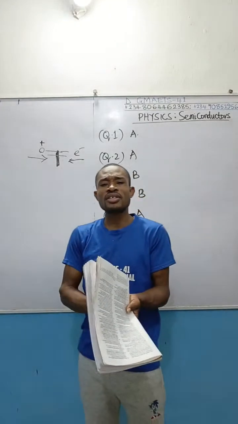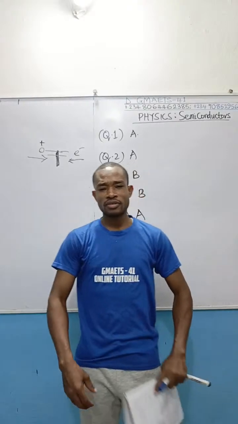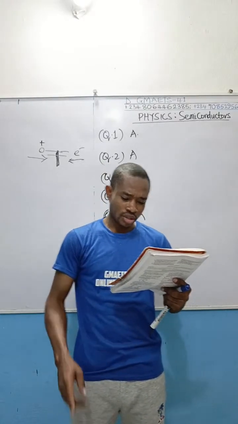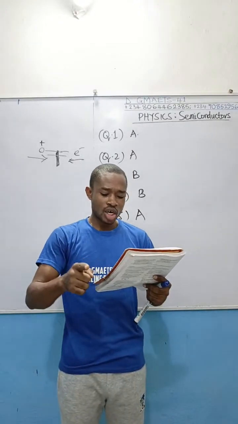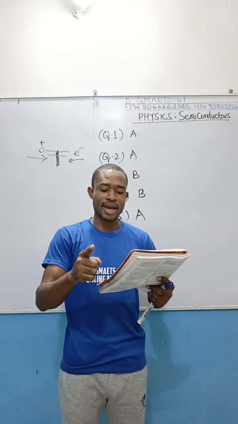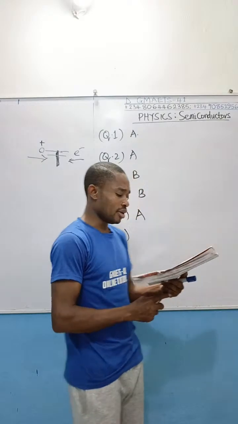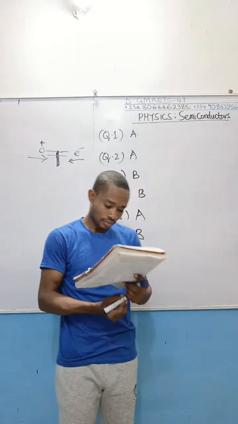And when there is attraction, there is a narrowing of the layer of the gap. Based on this explanation, going back to this question, in a semiconductor junction diode, as the depletion or barrier layer is forward biased, the layer is expected to narrow. Option B gives us that option, which is narrows.